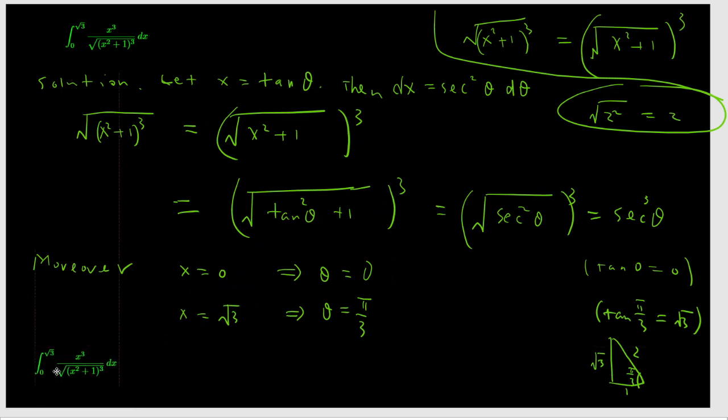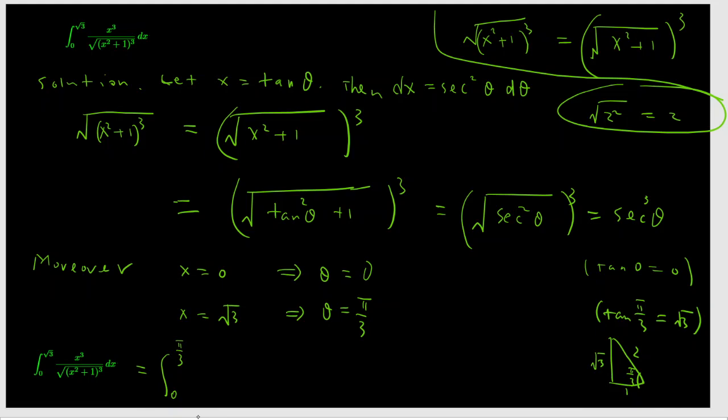I think now we are ready to write everything in terms of the new variable theta. After converting, the lower limit will be the theta value of 0, and corresponding to the x value of root 3, you have the theta value of pi over 3.